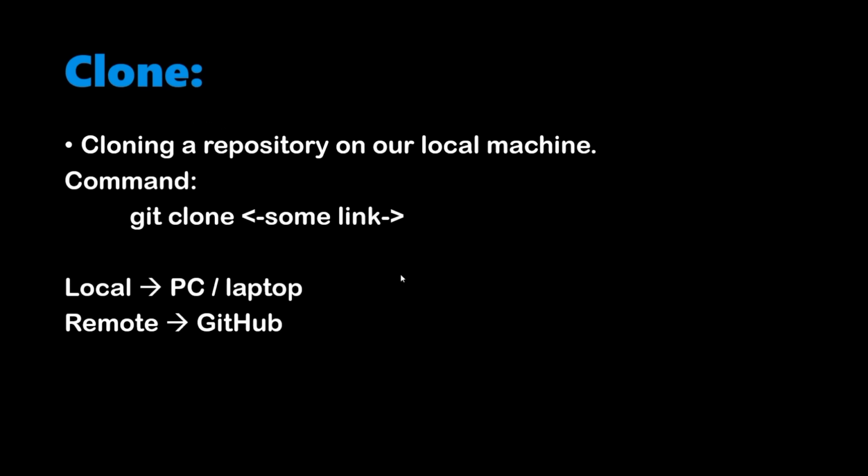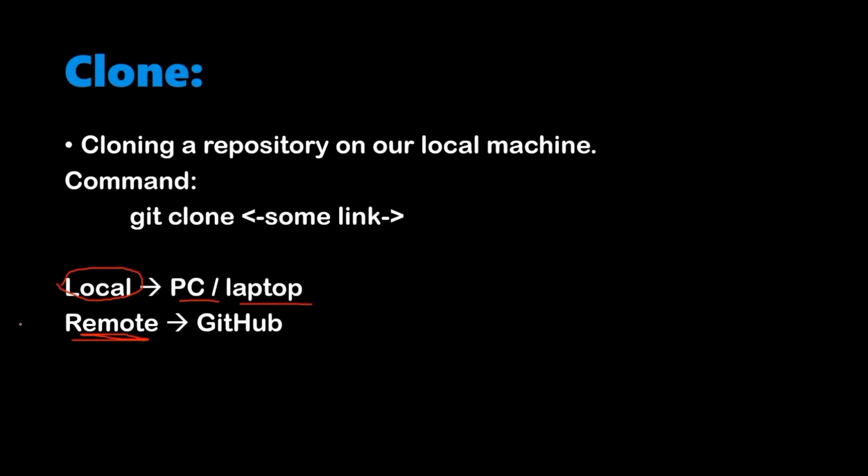Now there are two other terms that I will be frequently using throughout this course: local and remote. What does local mean? Whenever I use the term local machine or local, it means our personal computer, PC or a laptop, right? So local means our PC or a laptop.